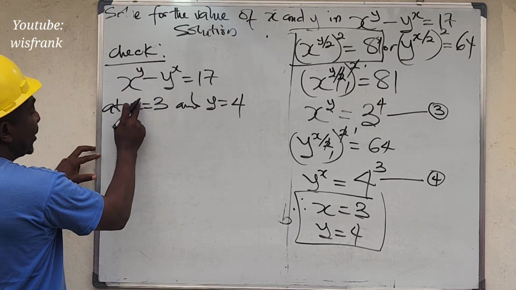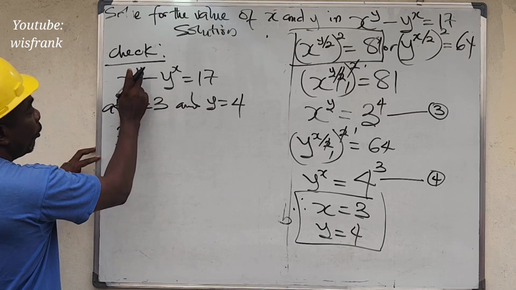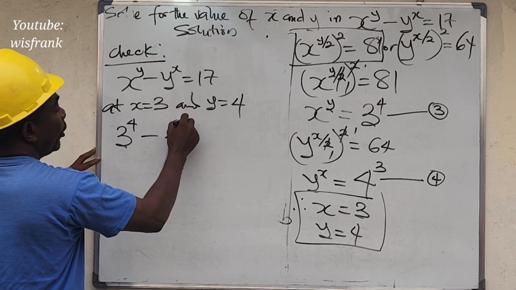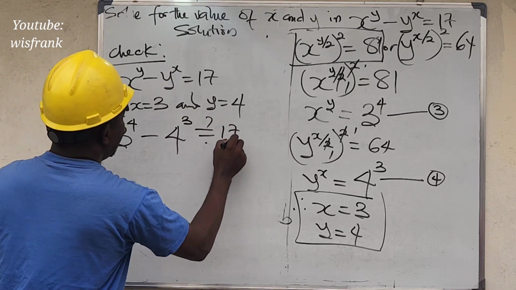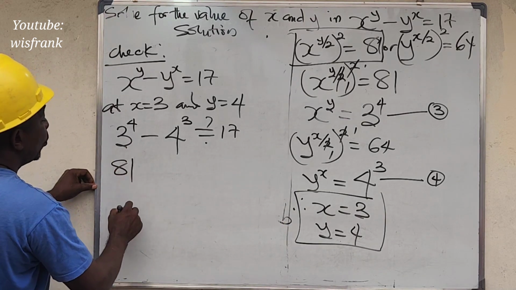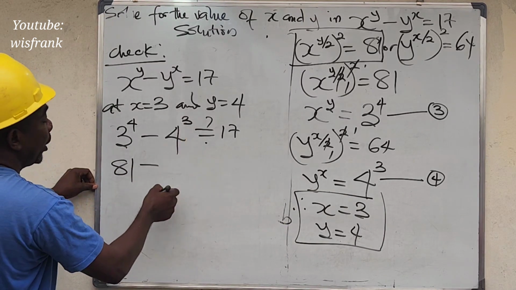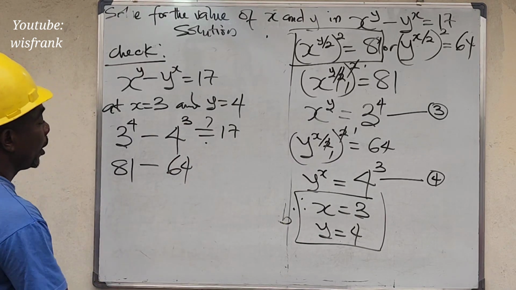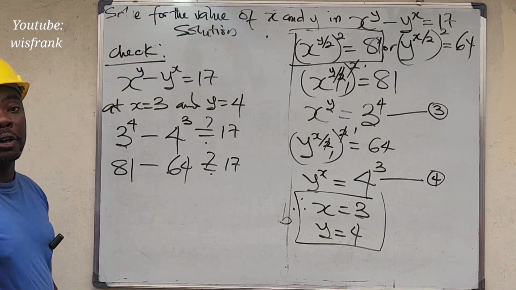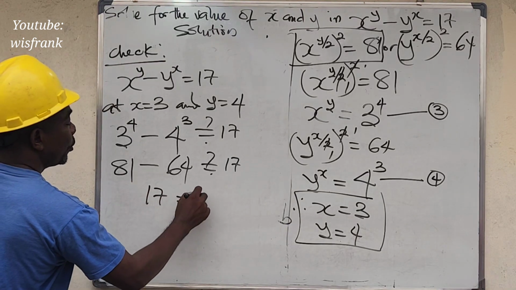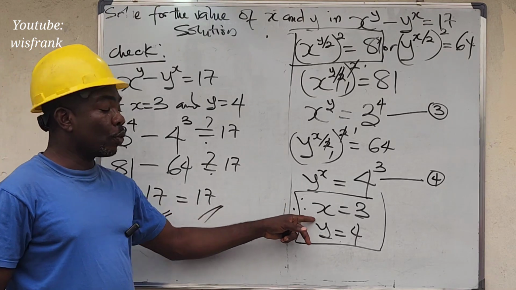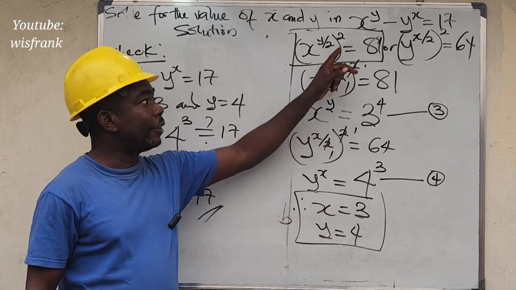Our x here is 3, so we have 3 to the power of y. Our y is 4, minus y to the power of x, which is 4 to the power of 3. Will this equal 17? We know that 3 to the power of 4 gives us 81, minus 4 to the power of 3 gives us 64. When we subtract, will this equal 17? 81 minus 64 gives us 17, which equals 17. What we have on the left hand side is what we have on the right hand side. Therefore, x equals 3 and y equals 4 satisfy this equation.